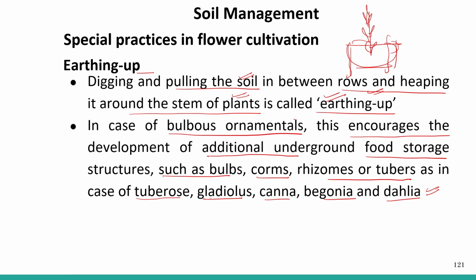When you follow the earthing up practice, it provides proper growth of the food storage structures such as bulbs, corms, rhizomes, and helps to store nutrients in them. So that ultimately helps to grow the new plants also. This can be done in the tuberous plants of tuberose, gladiolus, canna, begonia, and dahlia.